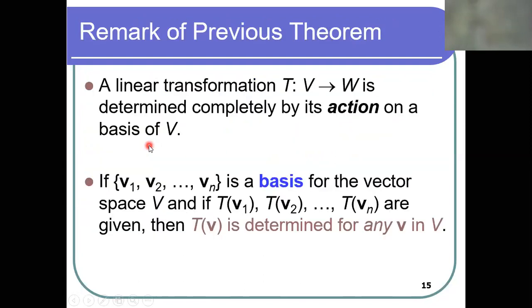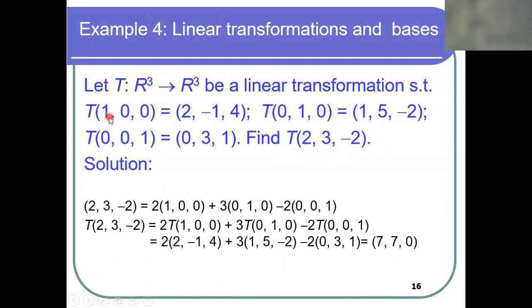This is v1, this is v2, and this is v3. These belong to the basis set, so the vector can be written as a linear combination of them.